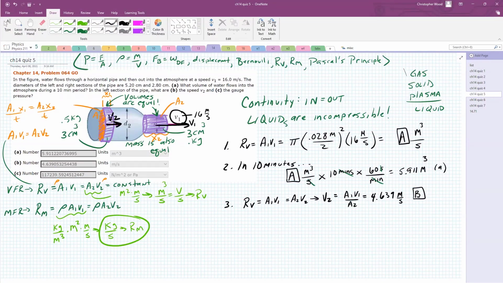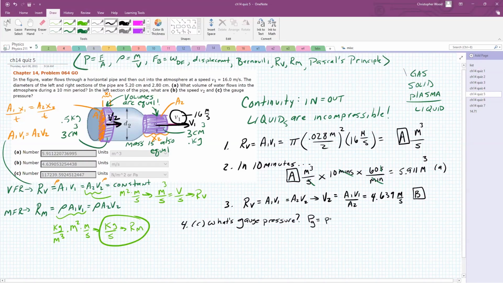Now we have to talk about something called gauge pressure. Here's gauge pressure. P subscript G is gauge pressure, and it's the pressure difference with respect to the ambient or surrounding pressure.